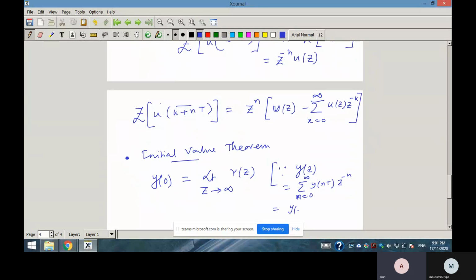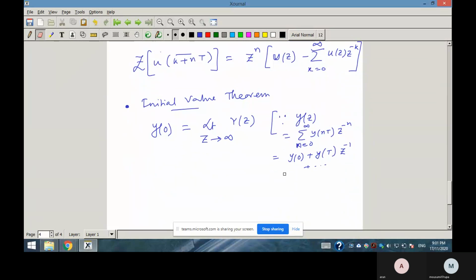You can write this as y0 plus y(t) into z to the power of minus 1, plus so on. T you can write, it is not a problem. Then from this you can easily see, if you take limit z tends to infinity, then except y0 the other terms will vanish.